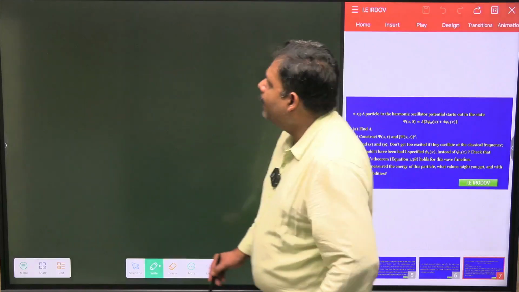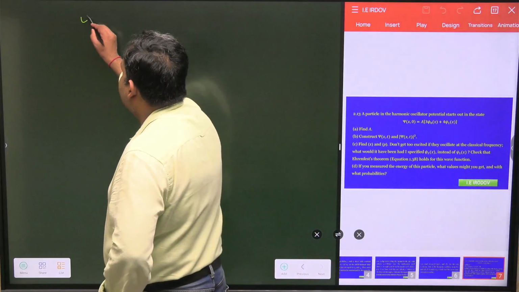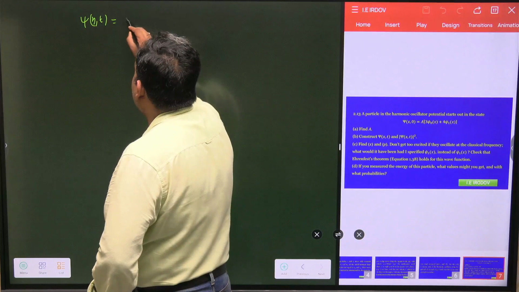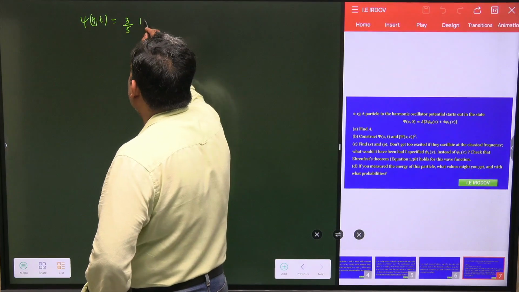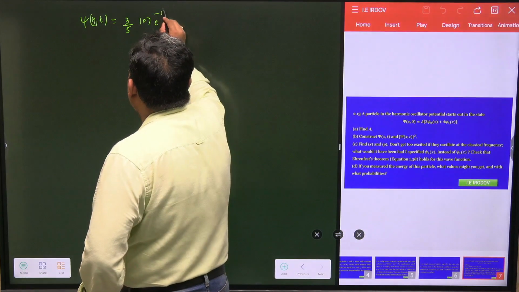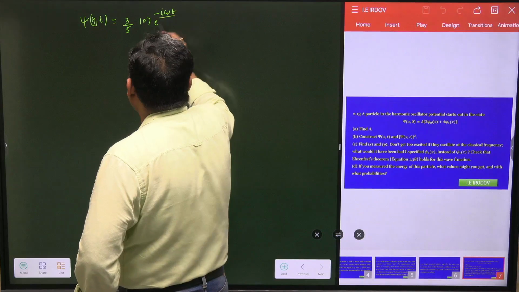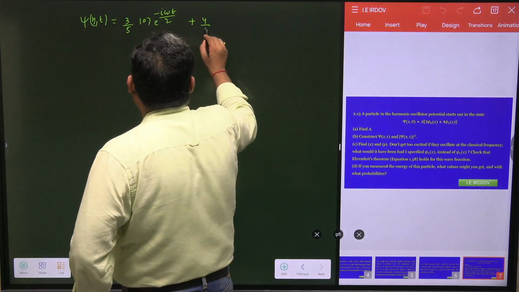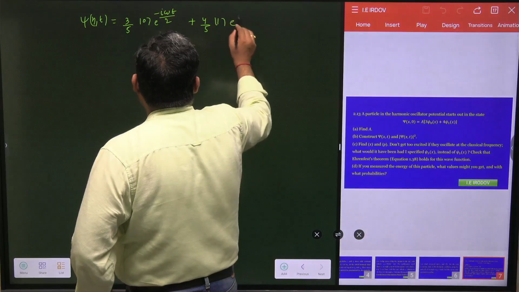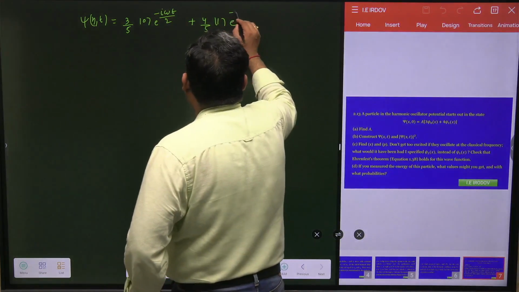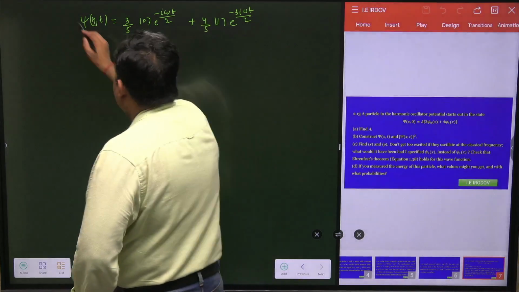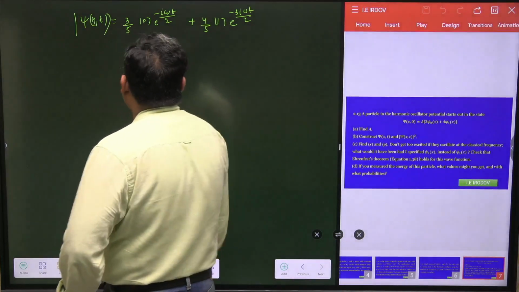So what will happen? Psi x t. When we are talking about psi x t, then this value is equal to 3 upon 5 0 ket e to the power minus i omega t by 2, and we have 4 upon 5 1 ket e to the power minus 3i omega t by 2, and this can be a psi x t ket.